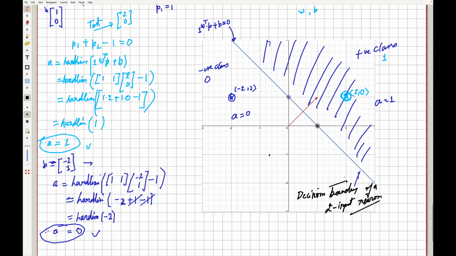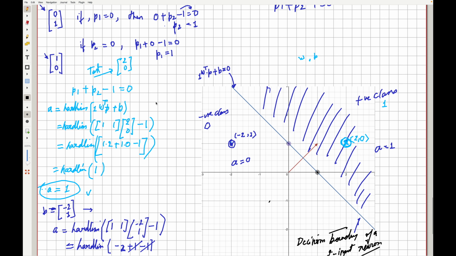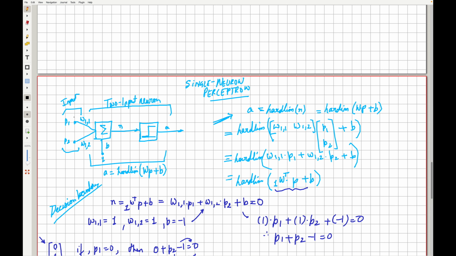We are saying that's a two input neuron because we have p1 and p2, those are the values we are using, and that is exactly what we started out saying, that this is just one neuron but it has two inputs.